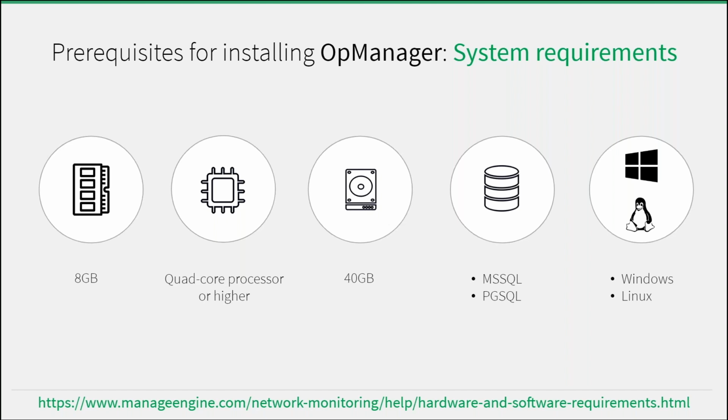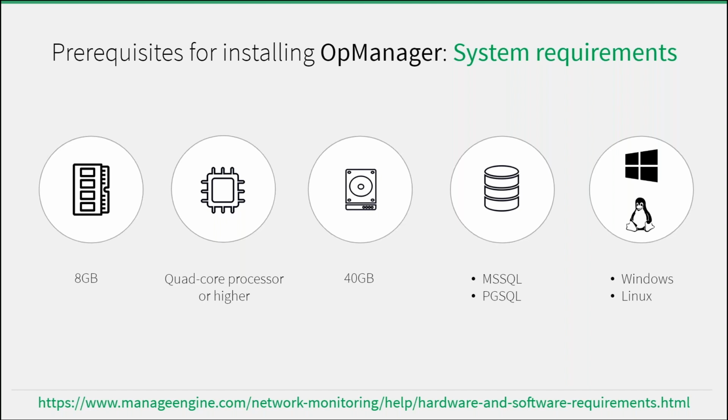In case you already have a Microsoft SQL Server database in your organization, OpManager can seamlessly sync with that, and the data collected will be stored in MS SQL as well. Apart from that, we have PostgreSQL. PG SQL comes bundled for free with the installation.